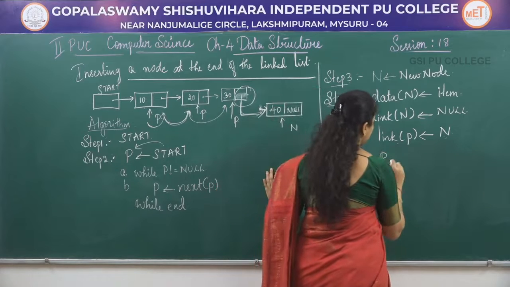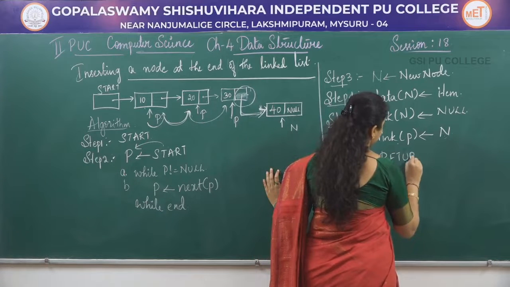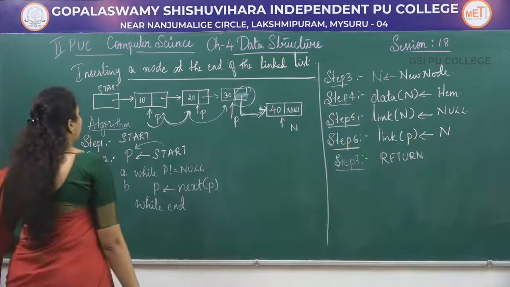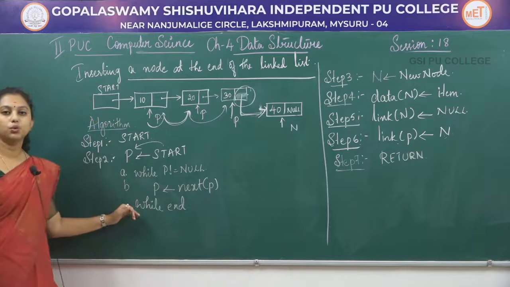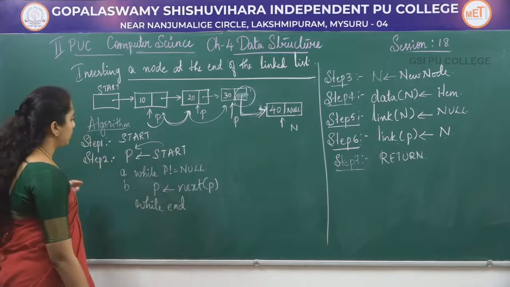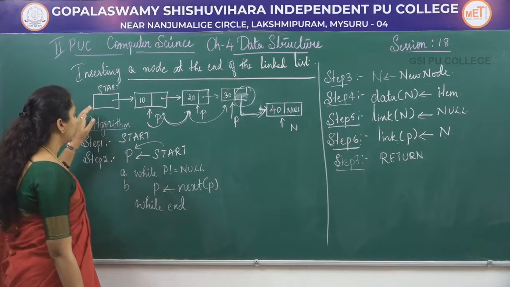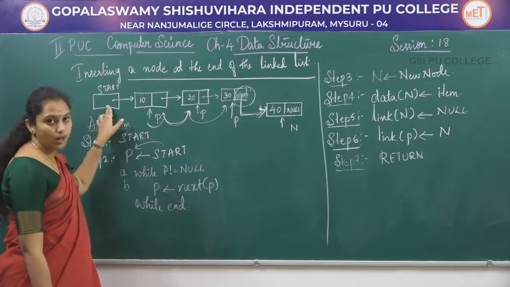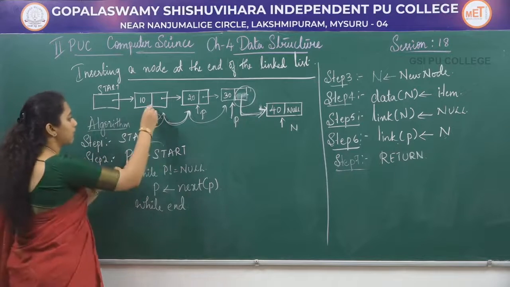Step 7, return. So this is how we are going to insert a node at the end of the linked list. First, we are going to consider that the start pointer contains the address of the first node.